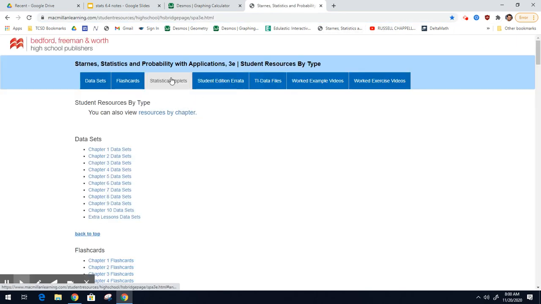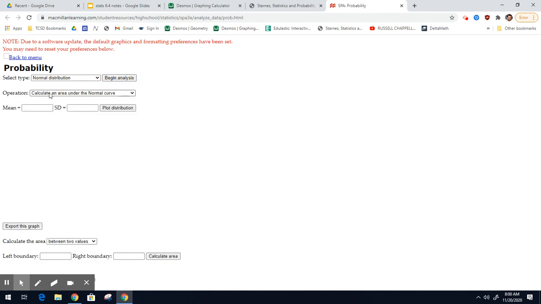Okay, so when we go to the stats applet, probability, normal distribution, calculate an area because we're calculating a probability. Mean is 0, standard deviation is 1, between two values. See, that's the default. And our two values are negative 1.626 and positive 1.626. Let me double check that.